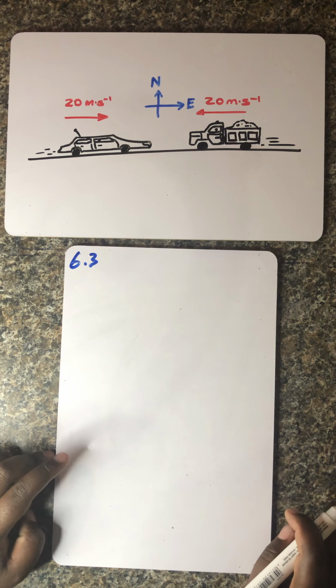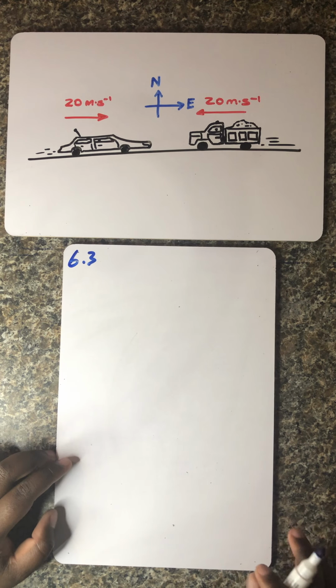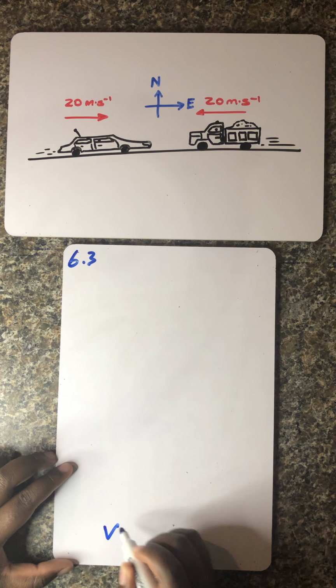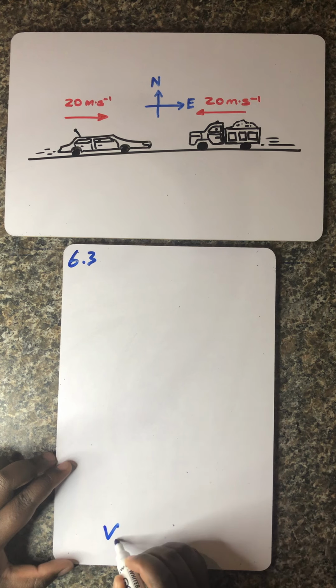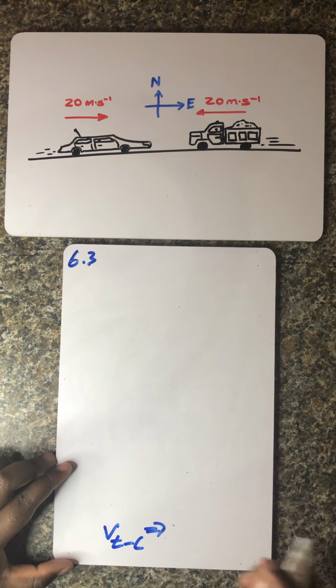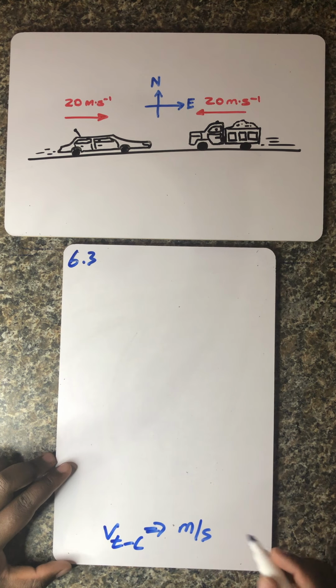How is your final answer supposed to look like, ladies and gentlemen? It is very, very important that you ask yourself this type of question. So they want you to calculate the velocity of the truck car system immediately after the collision. That means your final answer should be in meters per second.